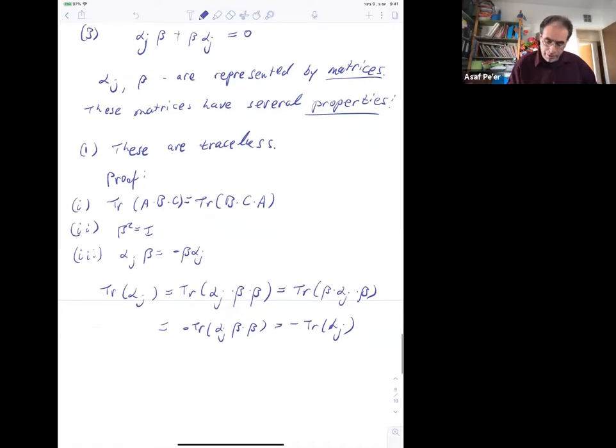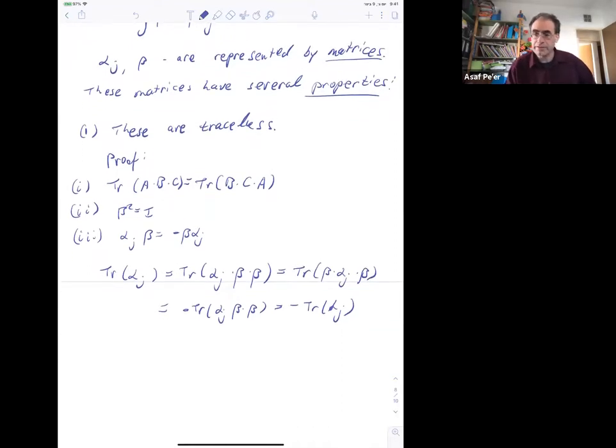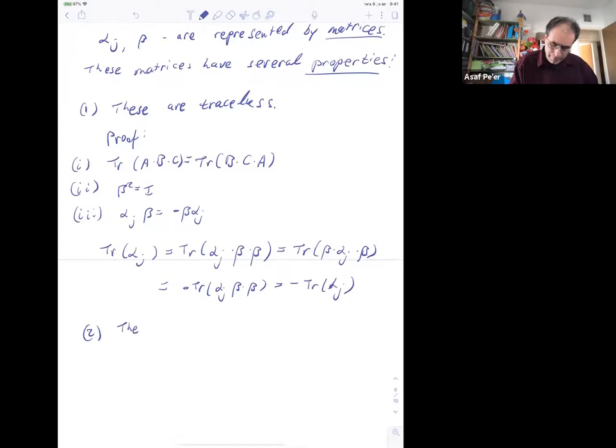The second property, is that clear to everybody? It's not very difficult. Some algebra. The second property is that the eigenvalues of these matrices are plus minus 1. So again, the proof is quite straightforward.